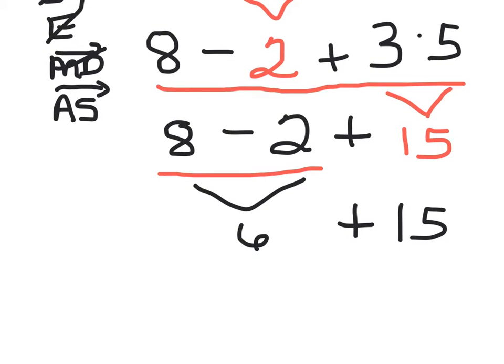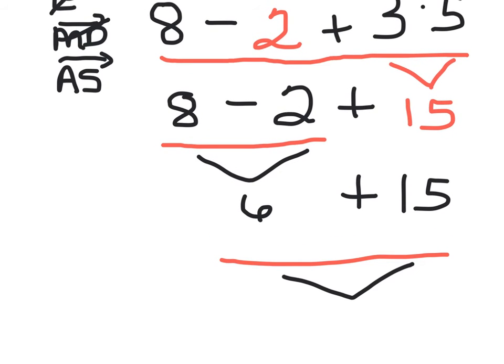The last step in my problem, I'm going to go with my line until I've covered the problem. I've got 6 plus 15, and the answer to that is 21. Have I done everything in the problem? I crossed that off. When I have been able to cross everything off, my problem is complete.